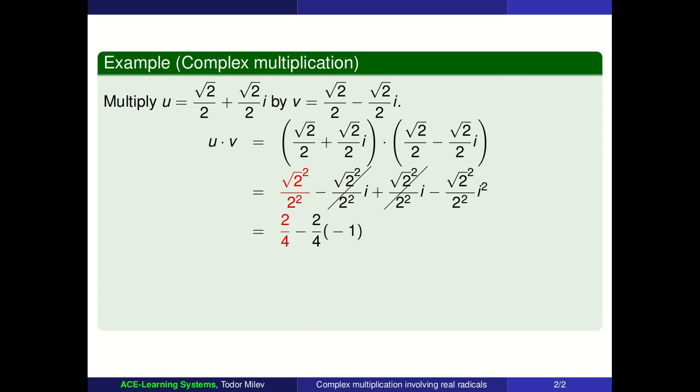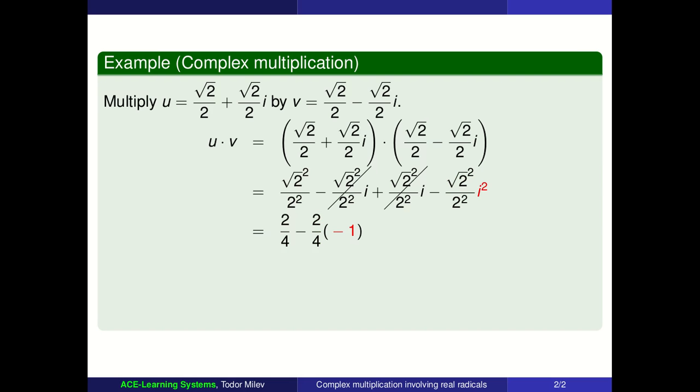Okay, now radical of 2 when we square it, we get 2. And the number 2 when we square it, we get 4. So that term over there simplifies to 2 over 4. And this term, radical of 2 squared again simplifies to 2, and 2 squared again simplifies to 4.